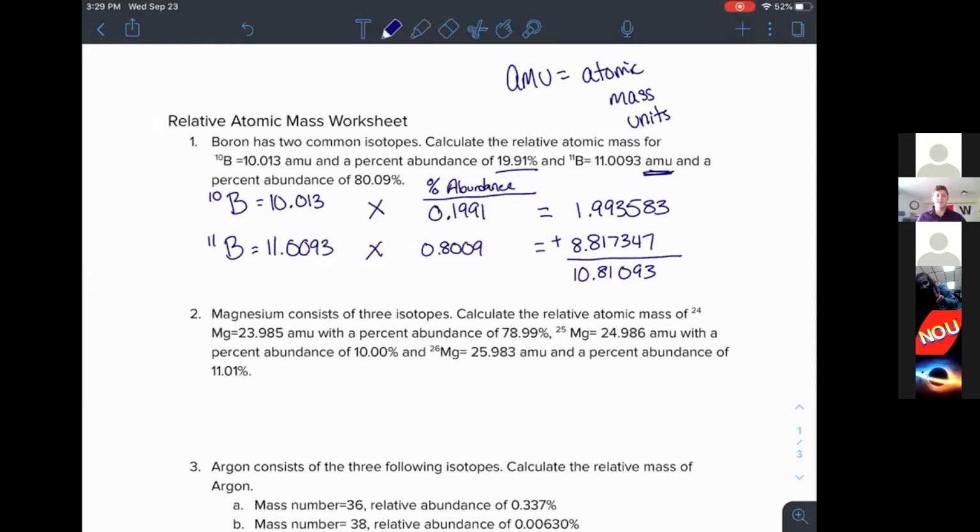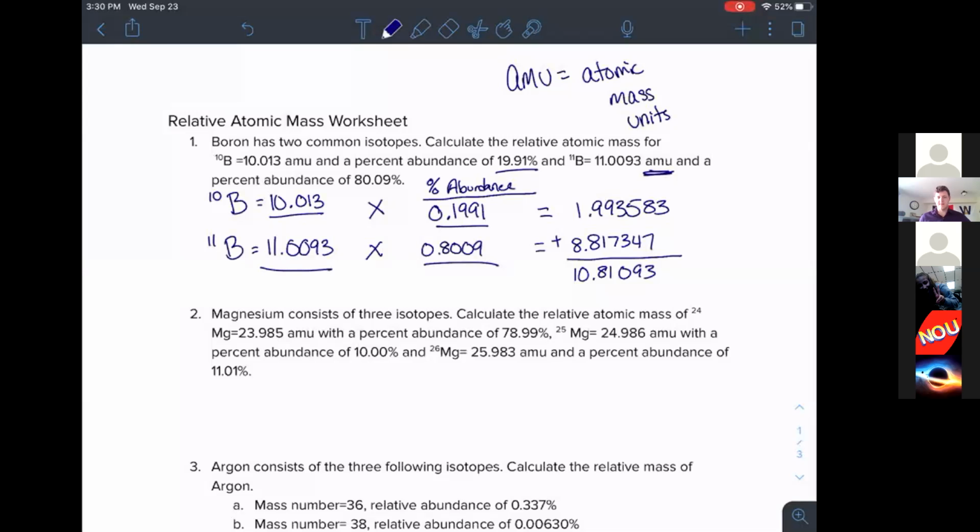The first thing we have to do is make sure we're in the correct number of significant figures. So let's look at our starting values. How many significant figures do we have in here? 5. What about here? 4. What about here? 4.